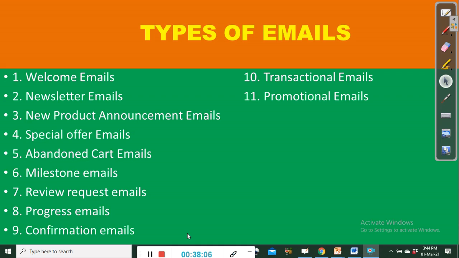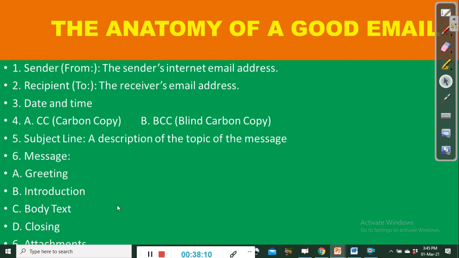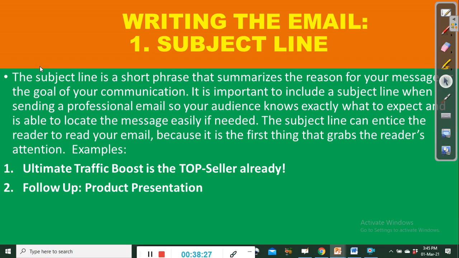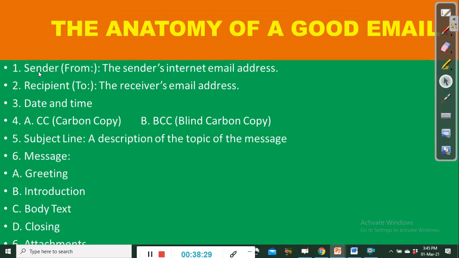So let's now go further to look at the next item on our agenda, which is the anatomy of a good email. Now, when we are talking of the anatomy of a good email, we are talking of the essential parts of the email. The first one is the sender.